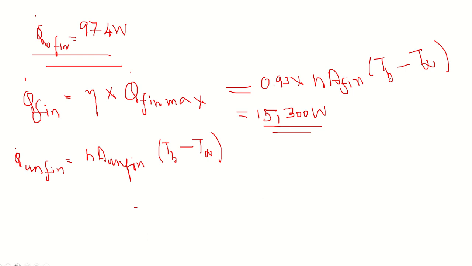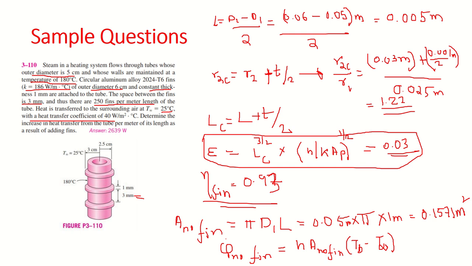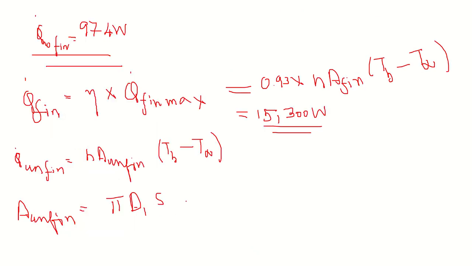Let's write it in a clean way. Area of unfin is equal to pi d1 s. Okay, s is the distance from here to here. With all those values I'll get area of unfin, and with the area of unfin I'll write Q dot unfin.